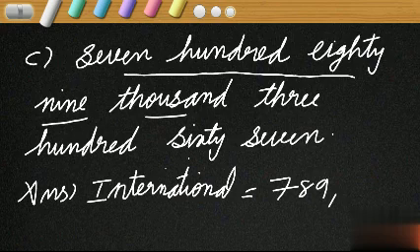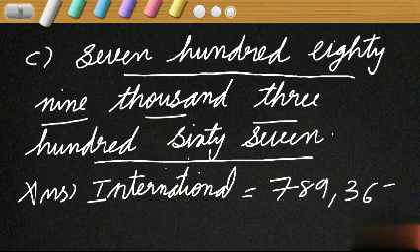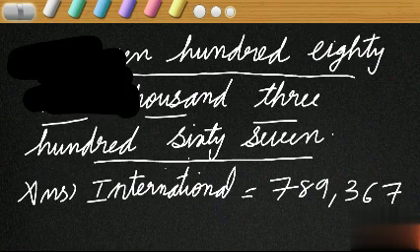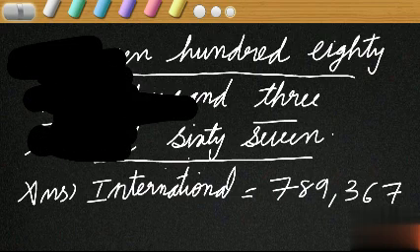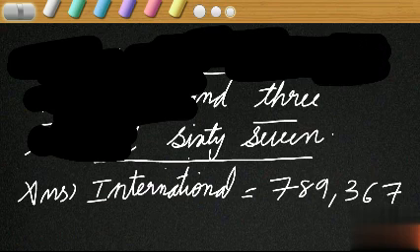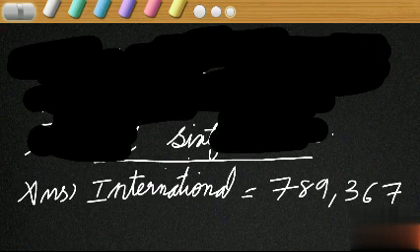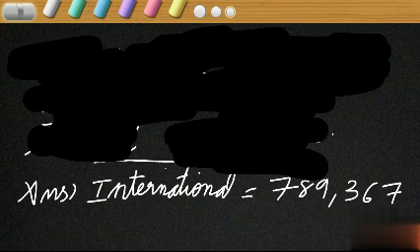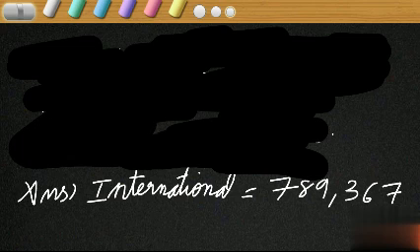And in one spirit we have 367. This is our numeral in international system. Now we have to convert this into Indian system. First we have to convert this into what? Yes, numeral in Indian system. Then on seeing that, we can write the number name in Indian system, isn't it?